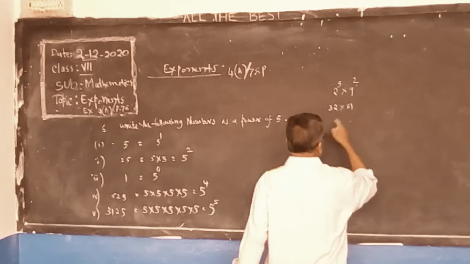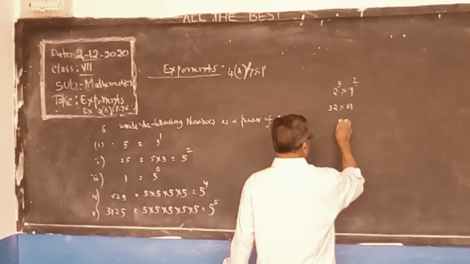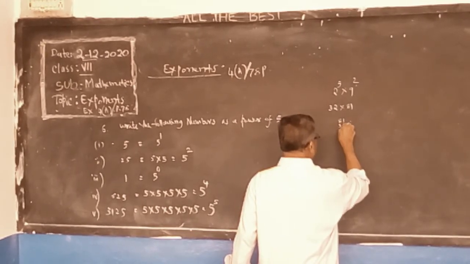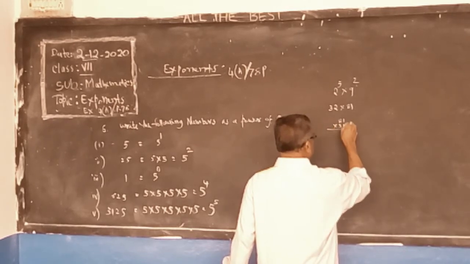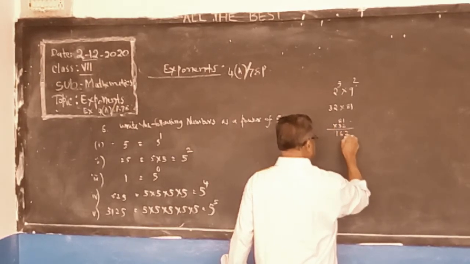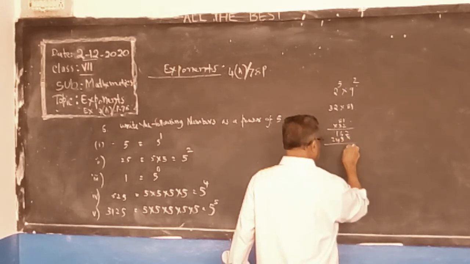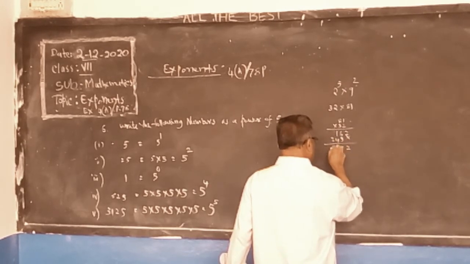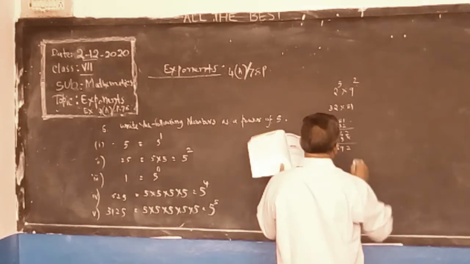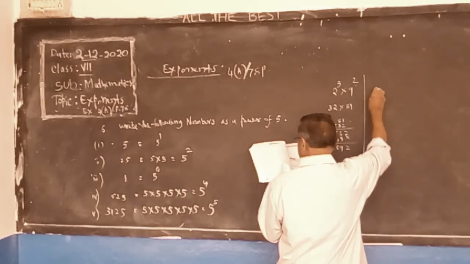Product of these two. Multiply 81 into 32. So 1 2s are 2, 2 8s are 16. 3 2s are 6, 3 8s are 24. So 2592.